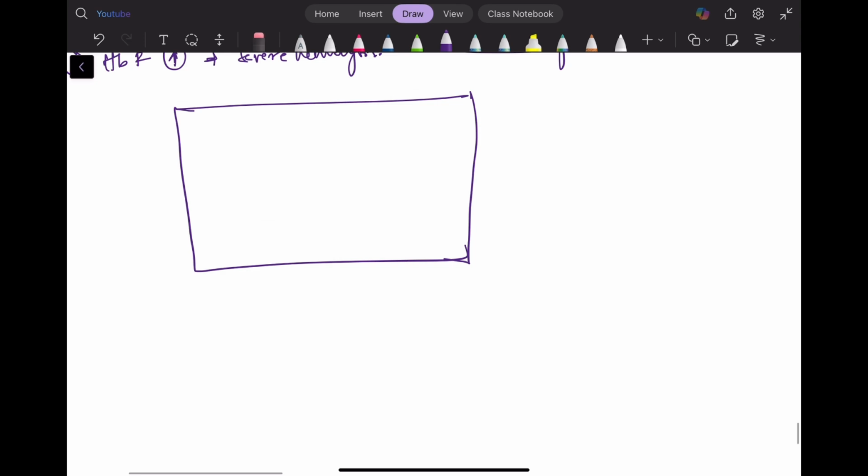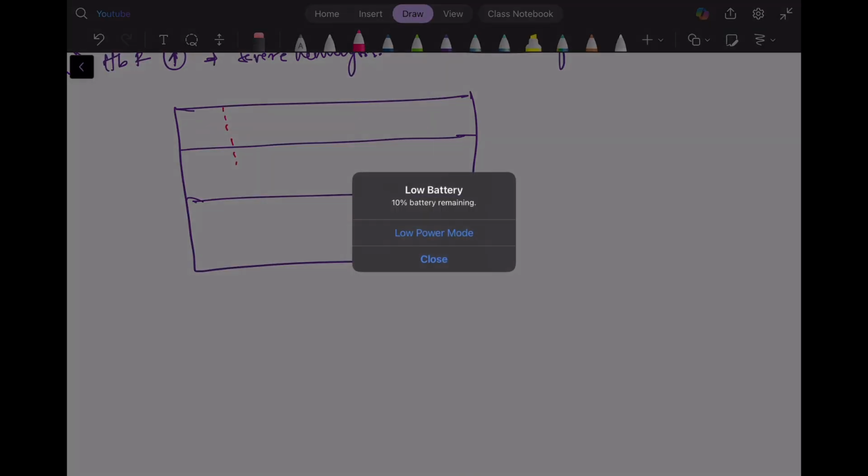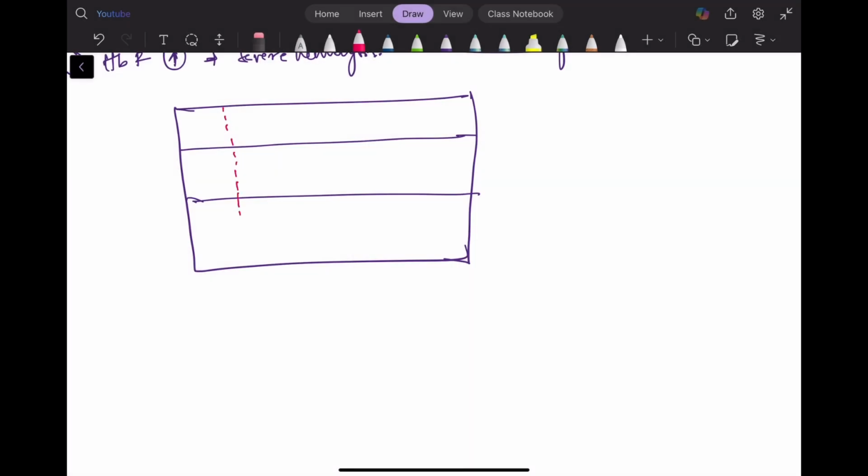Let's make it 3. Don't draw it, you'll get an image on the internet. I just wanted to explain how it will look. So this will be our origin. Consider it as the origin. This is the origin.